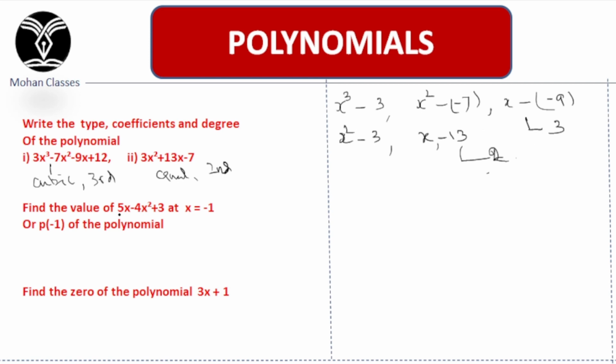Find the value of 5x minus 4x squared plus 3 at x is equal to minus 1.